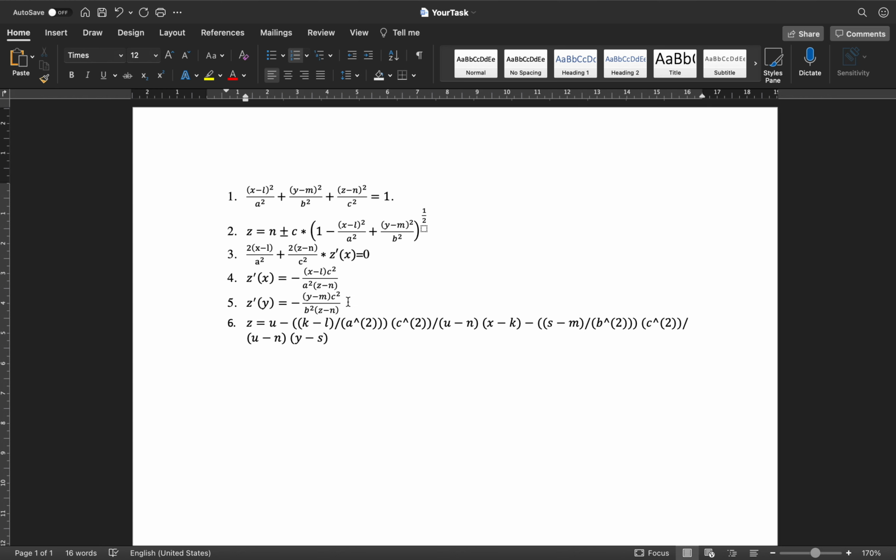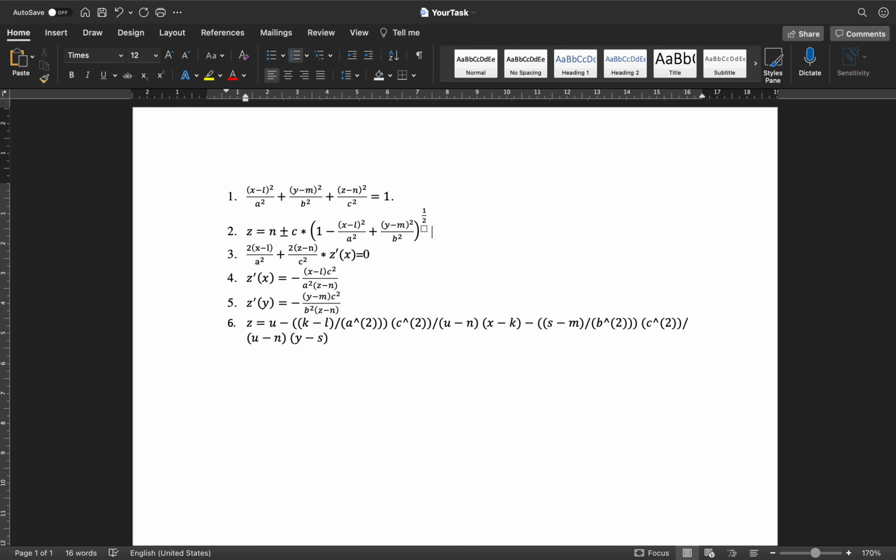And the last thing that we should find from the equation is the formula of the tangent plane. Here this is our formula, and here we have u. We found z, but there were two of them, one with plus and one with minus.